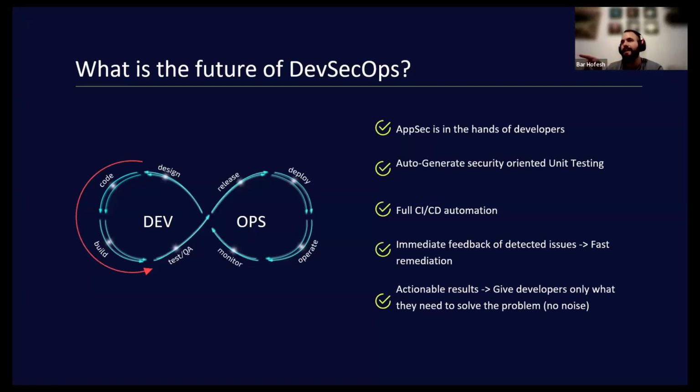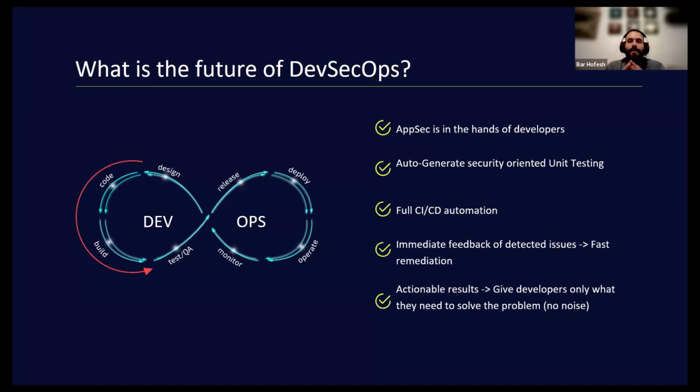This team uses a SAST, but this team likes to use Elixir, so the SAST doesn't work for them, so they're only using a DAST, and this team doesn't have the capability to run their solution in the CI, so they can't run a DAST, so they only run SAST. So if we get to a place where we can do real full CI/CD automation, that is also going to be pretty amazing.